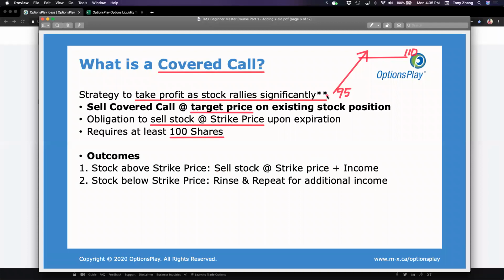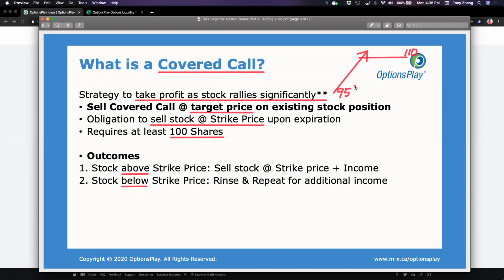Now, just like the short put, when you sell a covered call, you have two possible outcomes. The stock can either be above your strike price, which in this particular case is 110, or it could be below your strike price, below 110. So just like a limit order, if you have a $95 stock and you have a limit order at 110, chances are the stock's not going to reach that amount in the next few days, right?